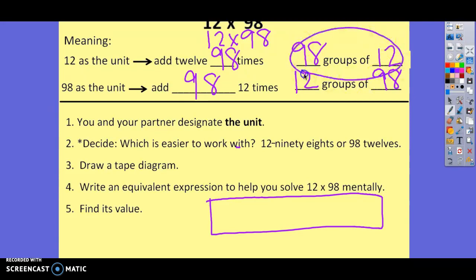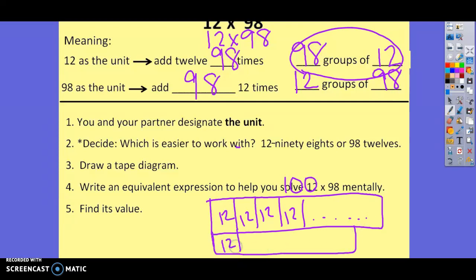So for me, I'm going to do the 98 groups of 12. I start with 100 groups of 12. And then I'm going to knock 2 off of that. And that'll be my 98 total. So 100 groups of 12, 100 times 12, again, 12 times 1, plus my 2 zeros. 98 times 12 is going to be 24 less. 12 plus 12 is 24.